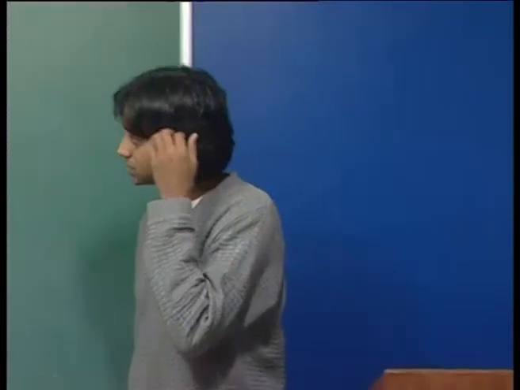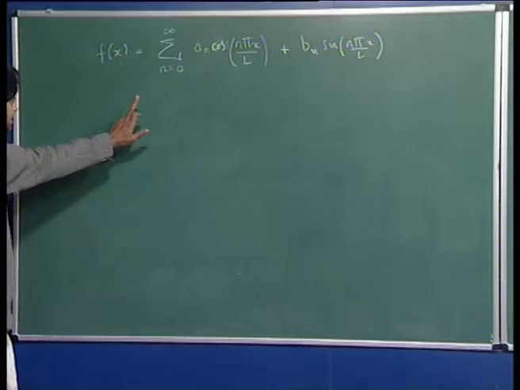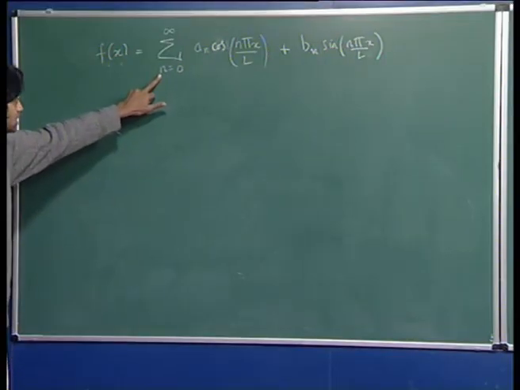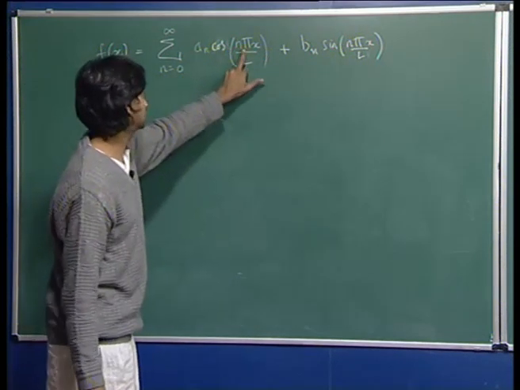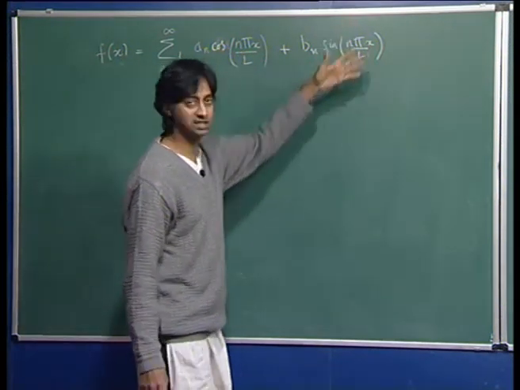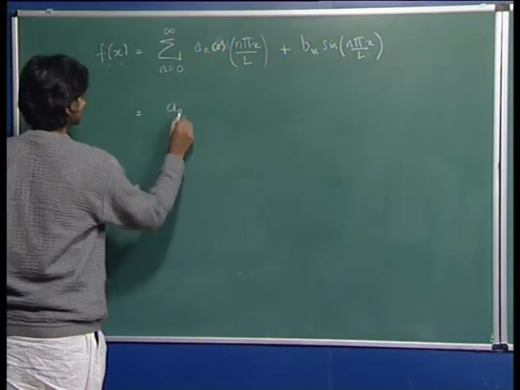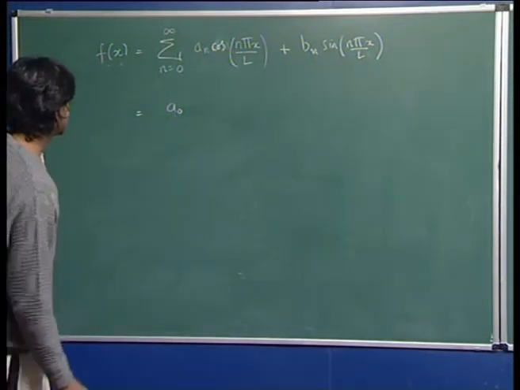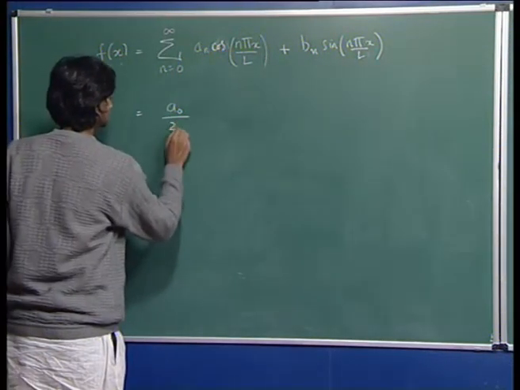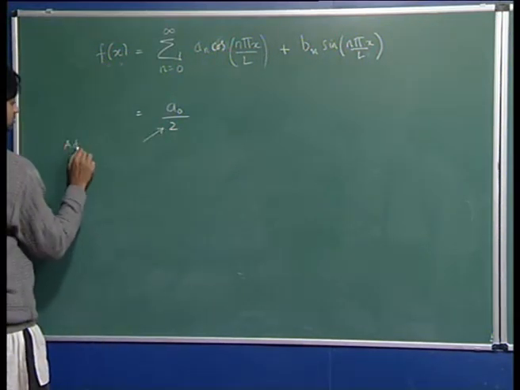Okay. Now, what is done typically is that you take n equal to 0. For n equal to 0, you have a 0 cos of 0 is 1, and the b 0 term will be 0. So, this term is taken out as a 0, and for convenience you put a factor of 2.